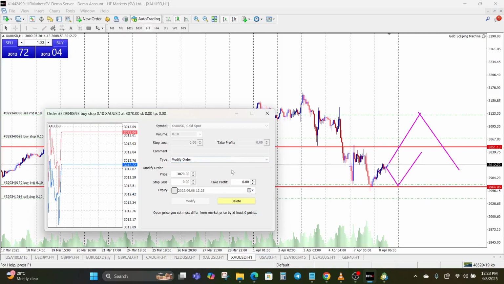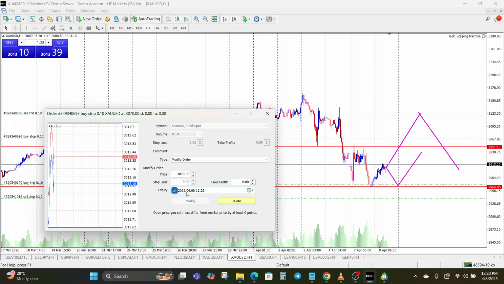When you are using a pending order, you can set expiration dates and time. For example, if you want that particular order to expire at a particular time, given market conditions, let's assume that you set a buy limit order here because you are expecting the price to retrace today. Maybe you are expecting that price is going to retrace to this point today, and if it does not retrace today, that analysis is going to be invalidated.